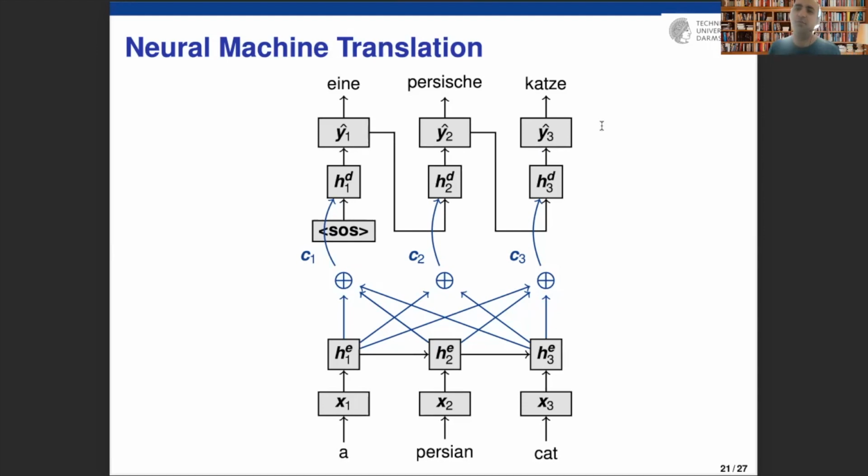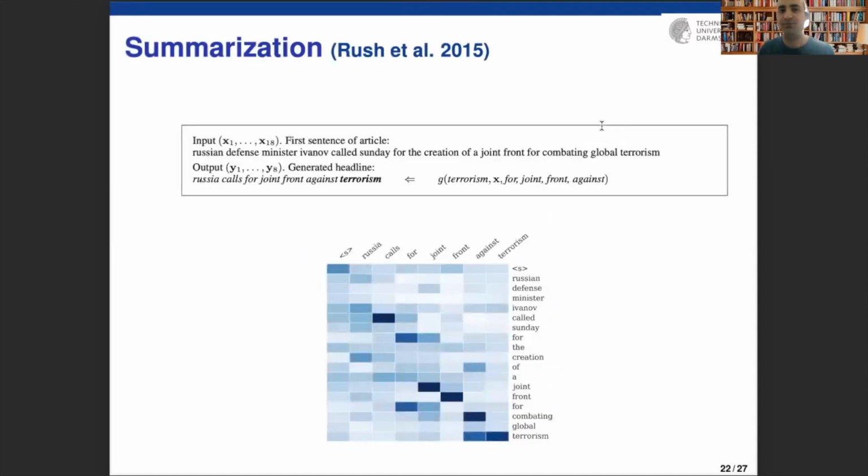So we give the input to the encoder, and we use some attention mechanism to compute the context vector. We map these context vectors to some hidden state in the decoding phase, and the task of the decoder is to generate the words in the German language.